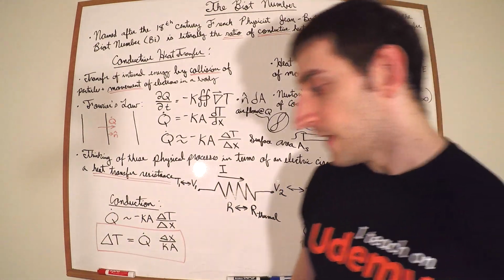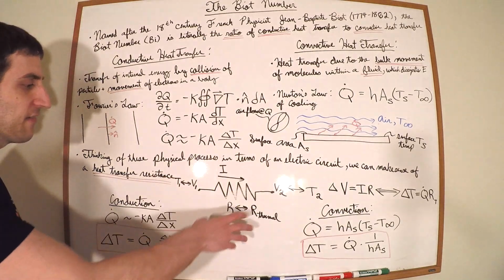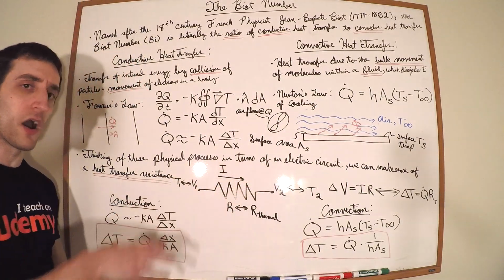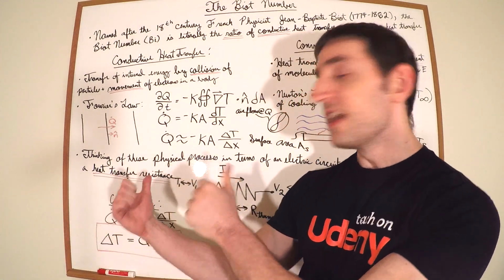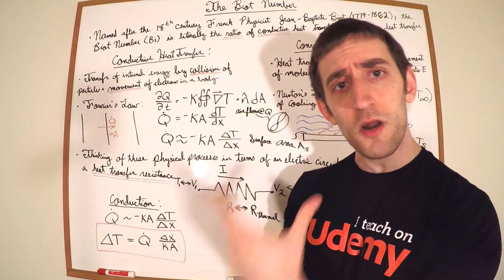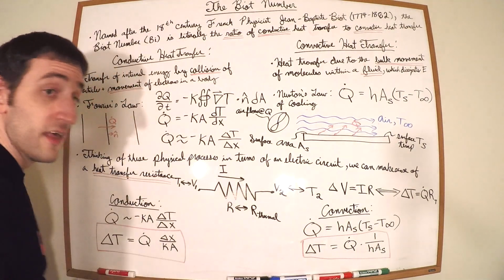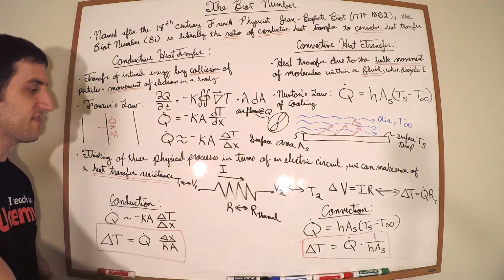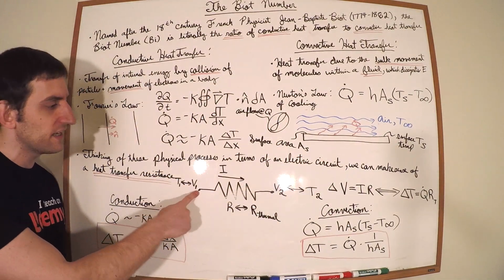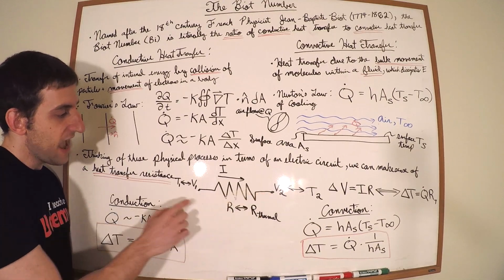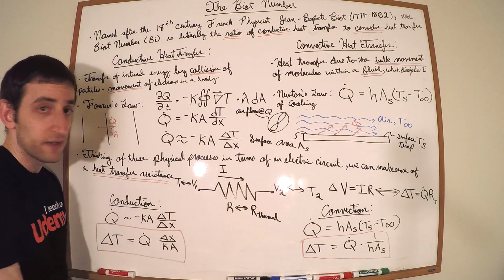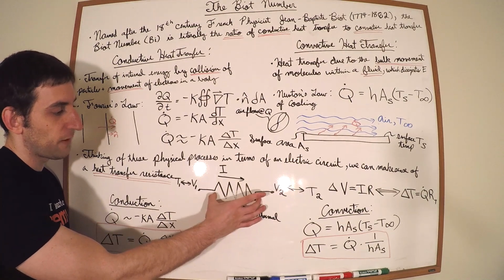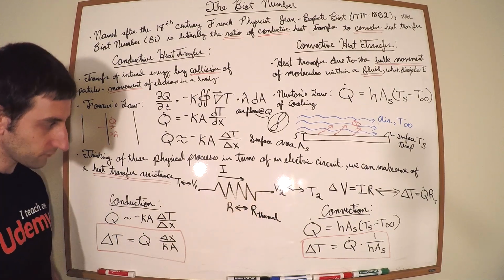Okay, so what I'm going to say is that if we take this model V equals IR, we can use the same exact model to describe heat transfer, what we just talked about here. What am I talking about? So let's review the electric circuit. The electric circuit states that if we have a potential V1 here and a potential V2 here, and we have the electricity or electrons flowing over some resistor, which is represented by this symbol here, right?